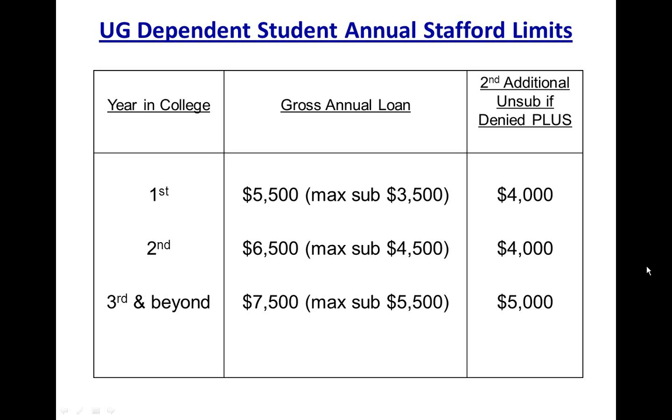In the third column, you can see we have a second additional unsubsidized amount if the parent applies for a Parent Plus loan and is denied. The student can borrow $4,000 in addition to the $5,500 for that year. And as you can see, for the second and third year and beyond, the amount increases each year by $1,000.